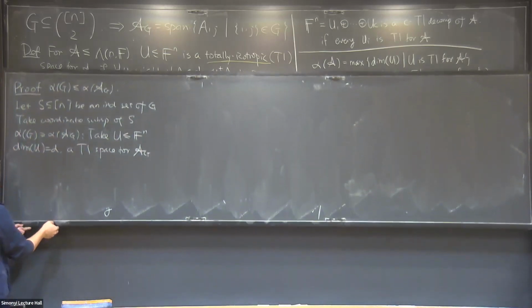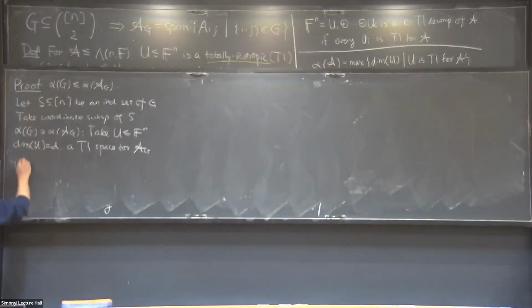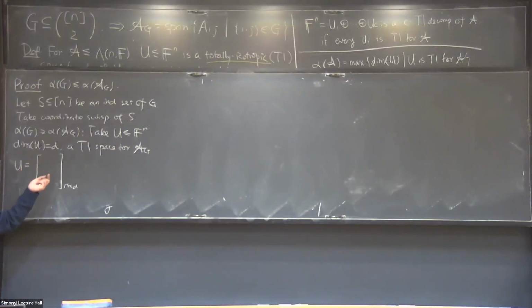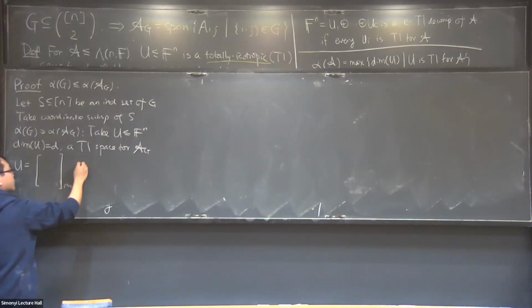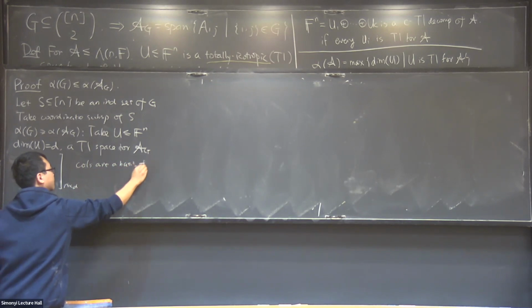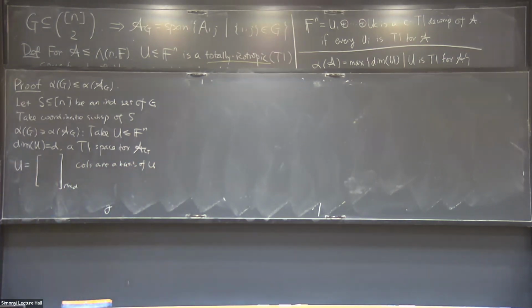What you are going to do is express U as an n by d matrix, and essentially the columns are a basis of U. But what we are going to look at actually are the rows.